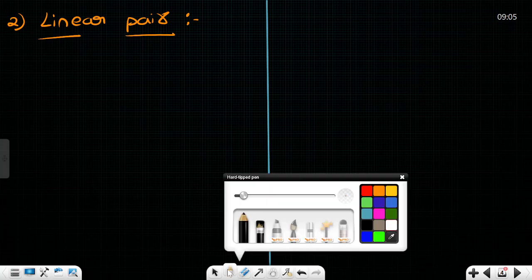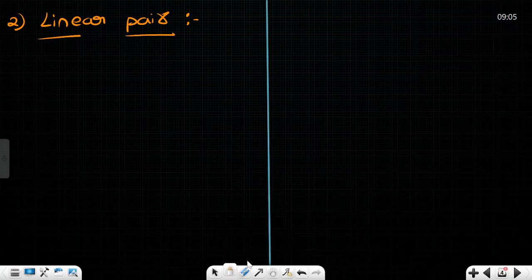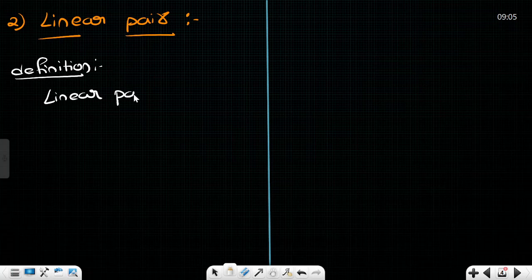Now we are learning about linear pair. I wanted to first give the definition for this. Linear pair means only two angles. Pair means two angles.